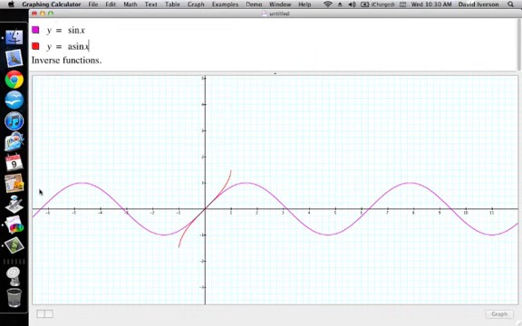But a horizontal line passing through this function passes in an infinite number of spots. So in other words, I can't write x as a function of y for all values of y. And so basically what I have to do is choose a piece of it, on a restricted domain.